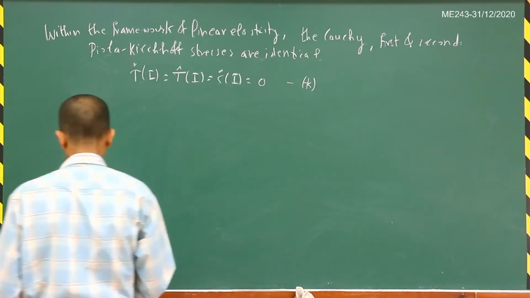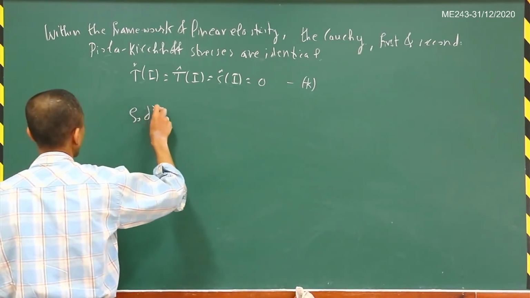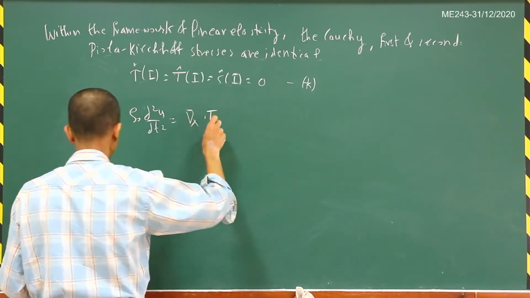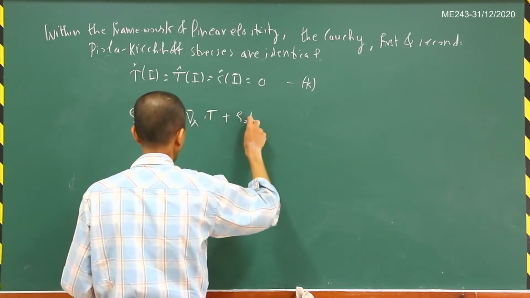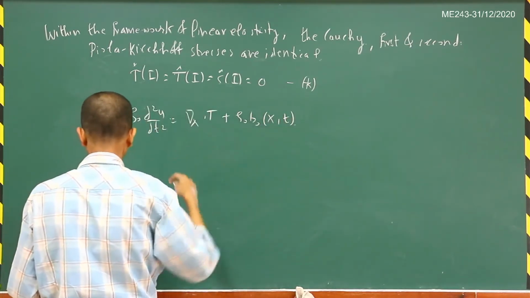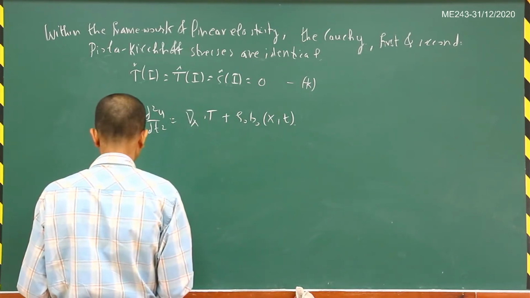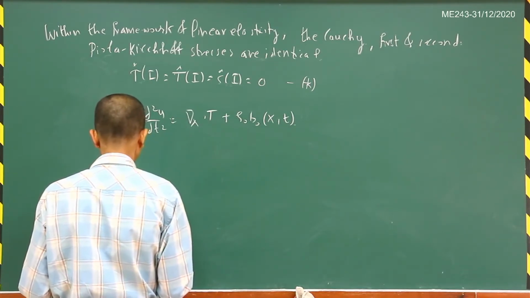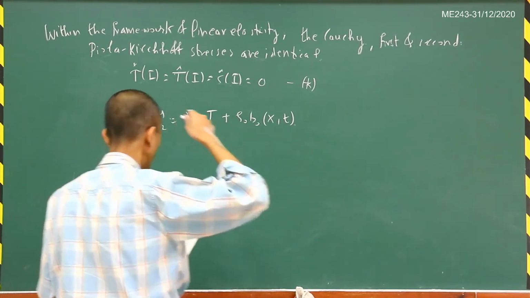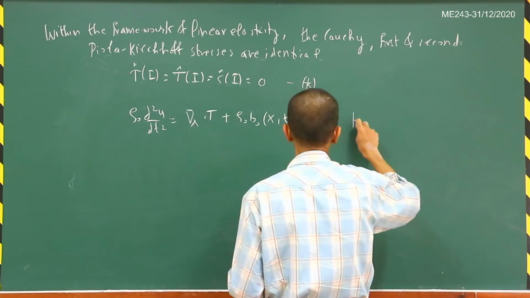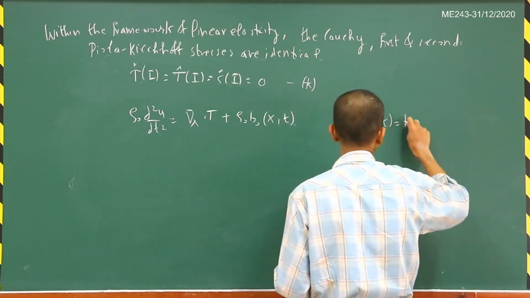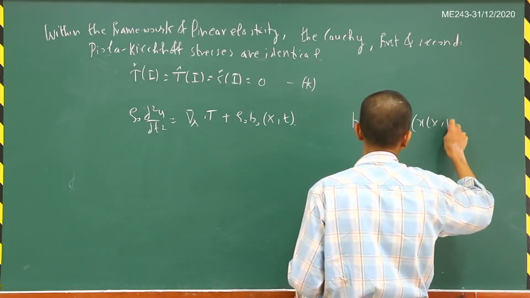So we will get that rho naught times del square u by del t square is equal to del dot t plus rho naught b naught of x comma t. And this b, okay, we'll get that. So suppose you linearize this: b naught of x comma t is actually b of chi of x comma t, comma t.